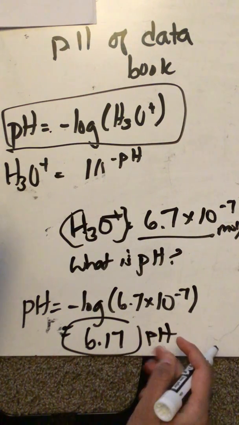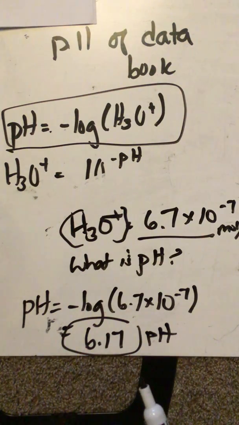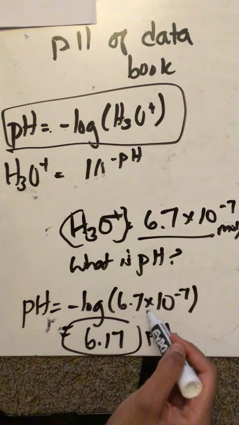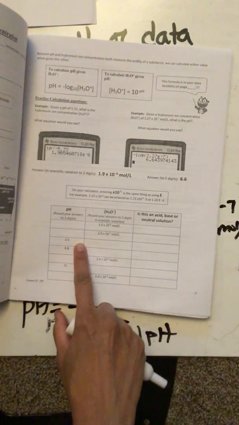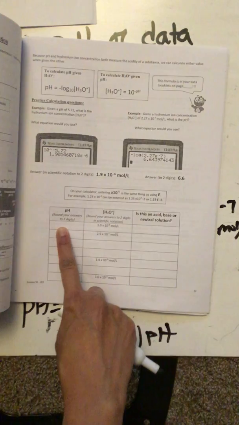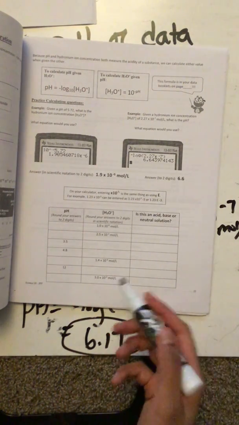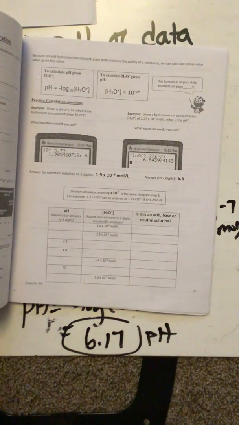So I just calculated pH. They're giving me the concentration of the hydronium, and I calculated pH. That's how easy this is. And there's a data table right here where you can try. It gives you H3O positive and asks you to calculate pH. You can do this table and try it.